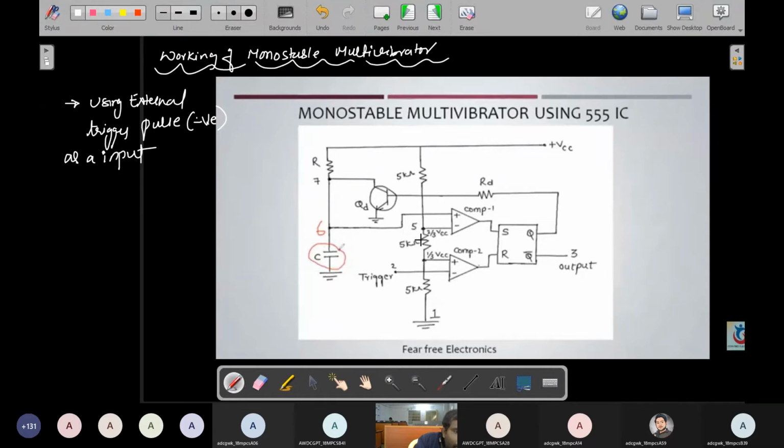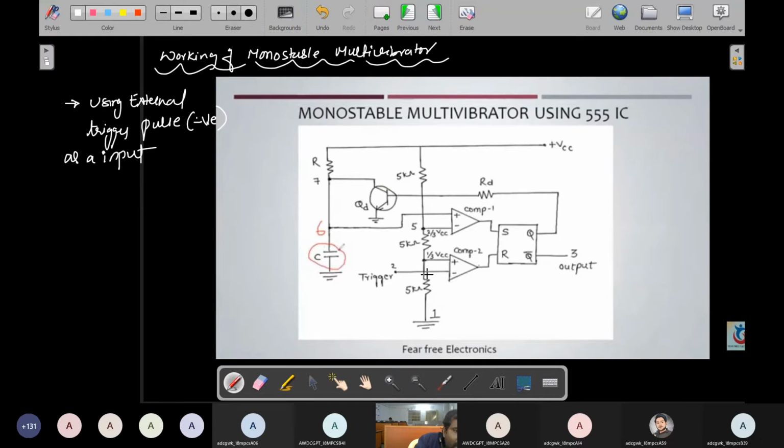The plus 2/3 VCC and plus 1/3 VCC are both constant potentials. Those potentials are developed by this potential divider and are connected to comparator 1 and comparator 2. So 2/3 VCC is connected to the negative terminal of the first comparator, and 1/3 VCC is connected to the positive terminal of the second comparator.